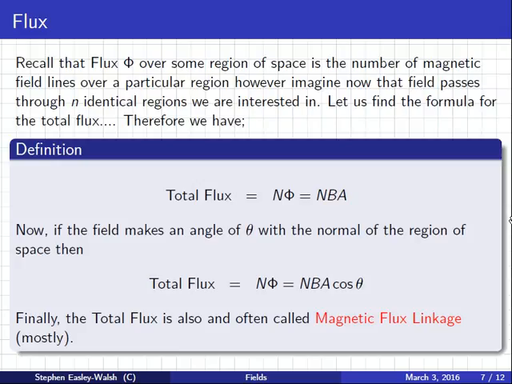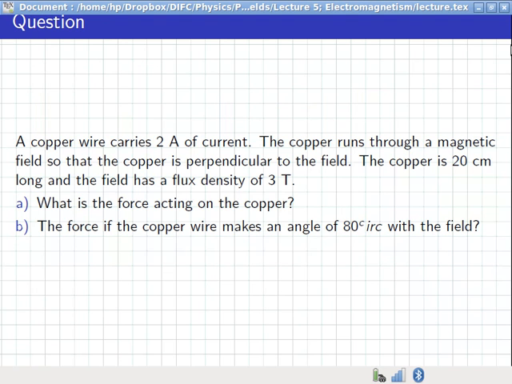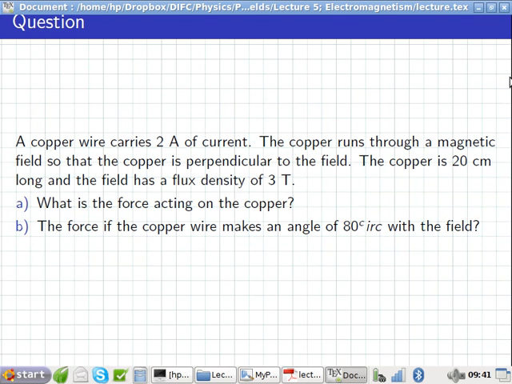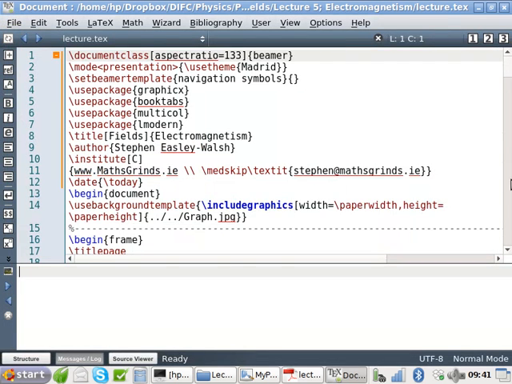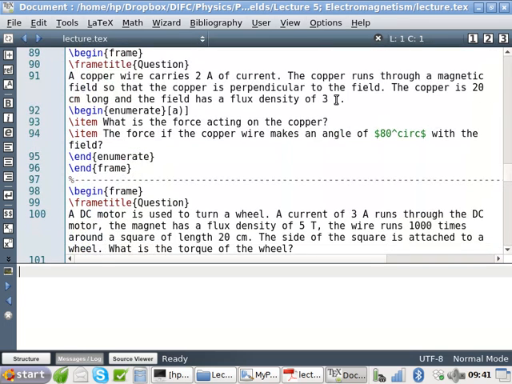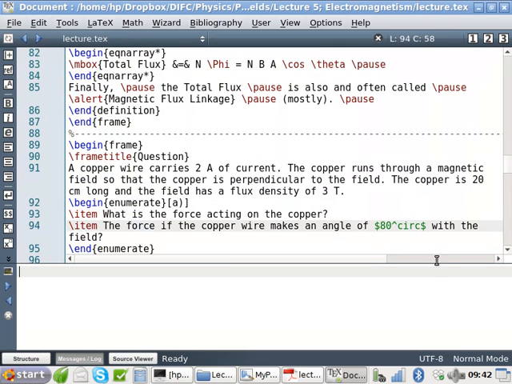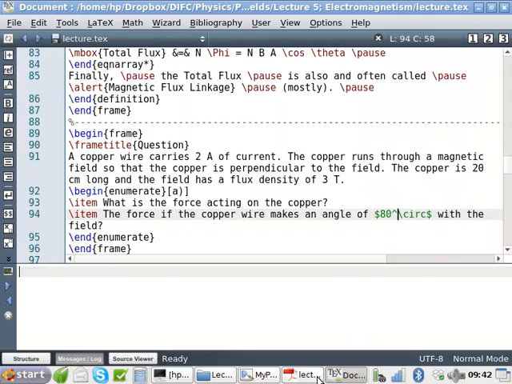Yes? Okay, right, so write this one down. Oh, I should say, that should be 80 degrees. Come on. You can do it. Right, okay, write this one down.